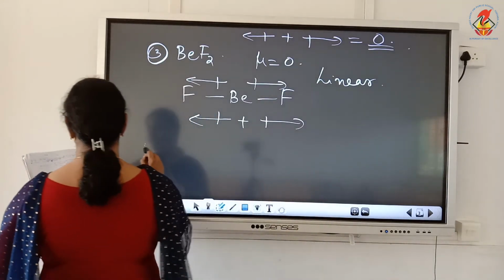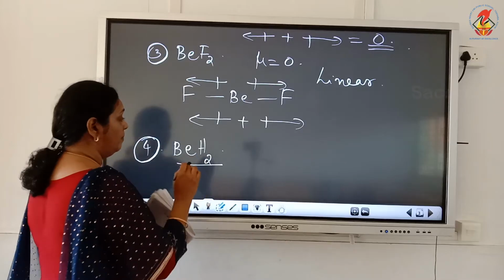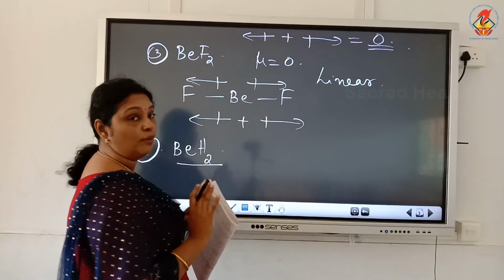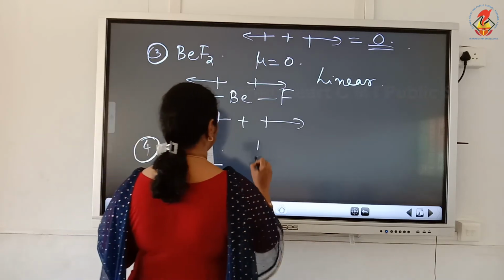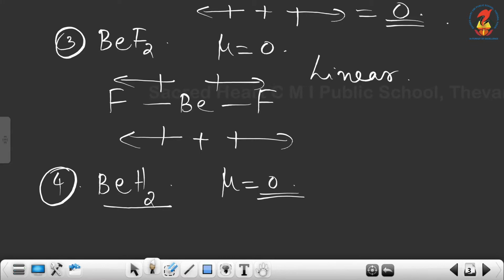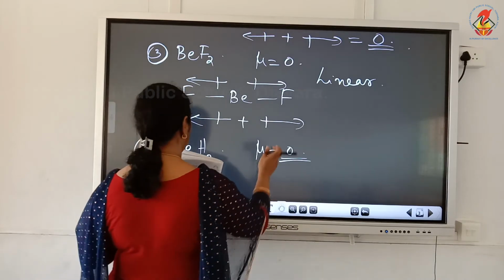Now the next example is BeH2. Now this is also a polar molecule. All these are polar molecules, carbon dioxide, BeF2, BeH2. But still this BeH2 has 0 dipole moment. Now again, what is the reason for this? The reason is again the structure is linear in shape.